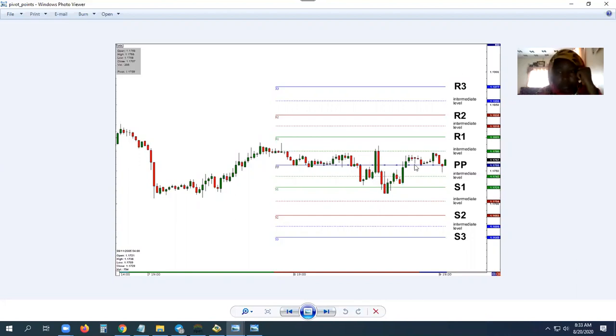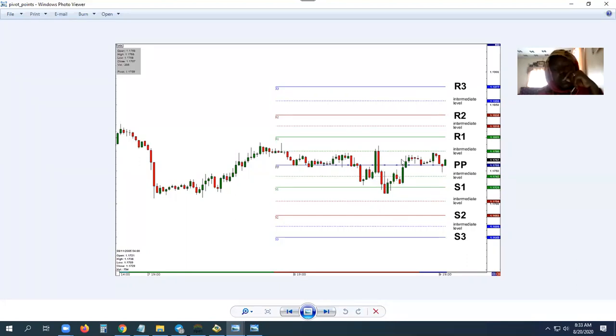The assumption is when the market is near the pivot point, we are thinking of a ranging market. So if the market is above the pivot point, we assume we are in an uptrend. If the market is below your pivot point, which is the center, we assume we are in a downtrend.